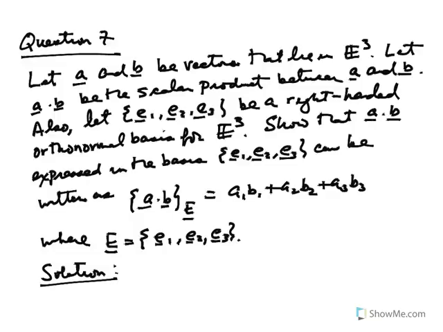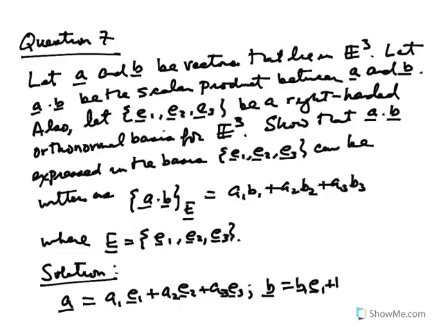We know that A and B can be expressed in the basis E1, E2, E3 as follows. And then B is equal to B1 E1 plus B2 E2 plus B3 E3.